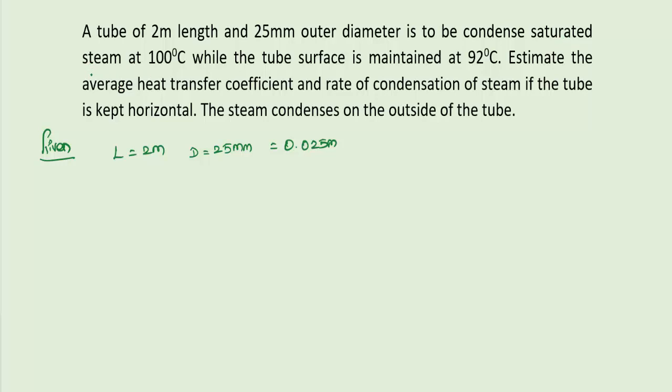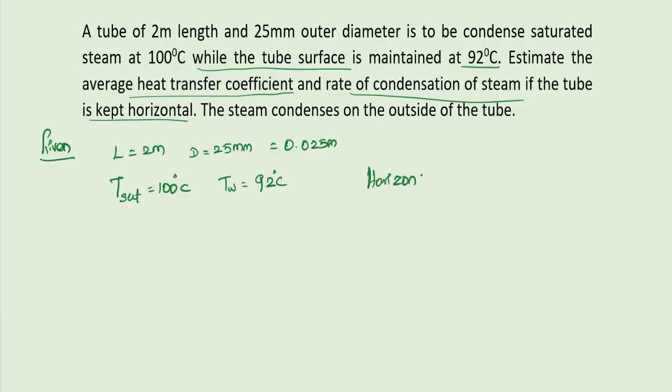So the steam temperature, that is vapor temperature, is 100 degrees Celsius. So T saturation equal to 100 degree Celsius, while the tube surface is maintained at 92 degree Celsius. So TW equal to 92 degree Celsius, and estimate the average heat transfer coefficient and rate of condensation if the tube is kept horizontal. So it is a horizontal tube.